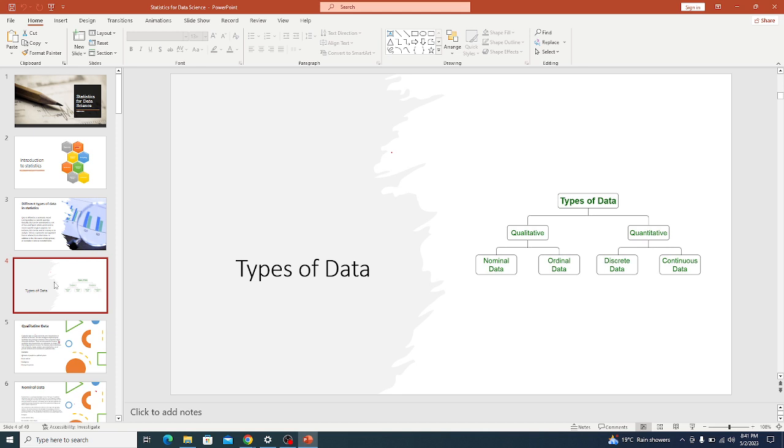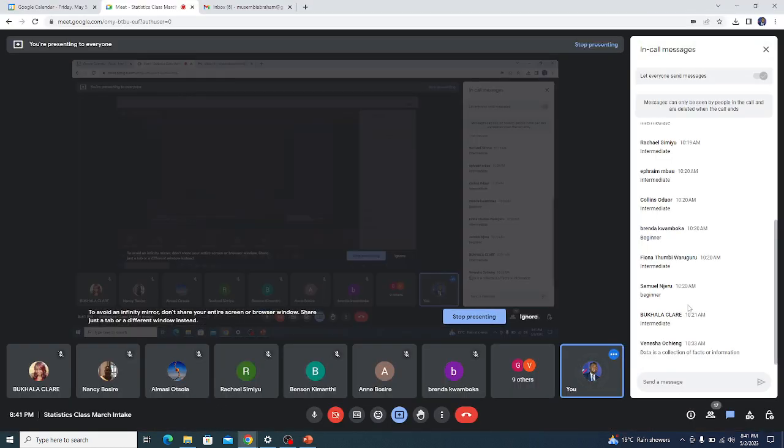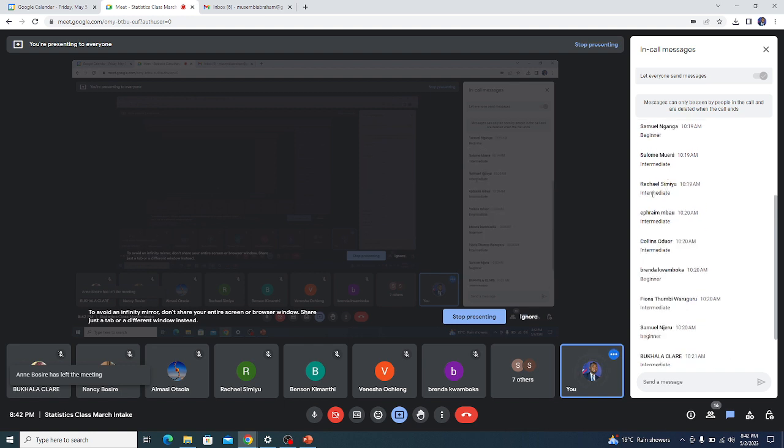That is the team that was under intermediate. We have Claire, we have Fiona, we have Collins Odwor, we have Ephraim Mpua, we have Rachel Simiyu, we also have Salome Mweni.